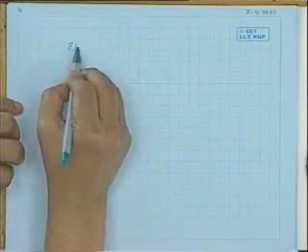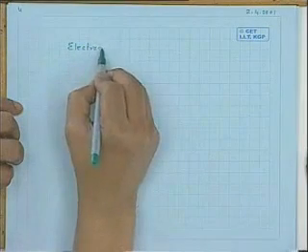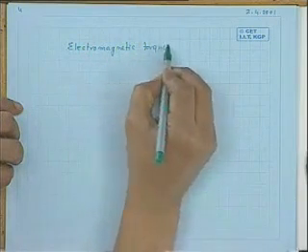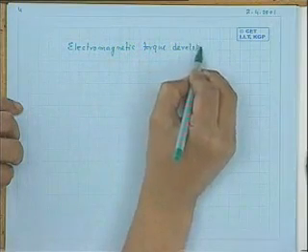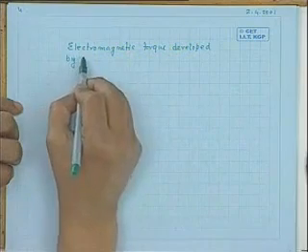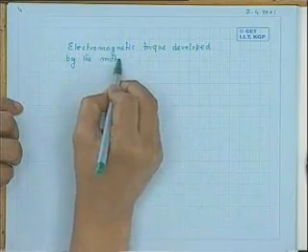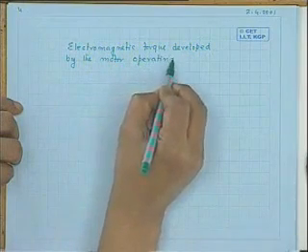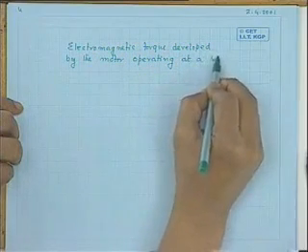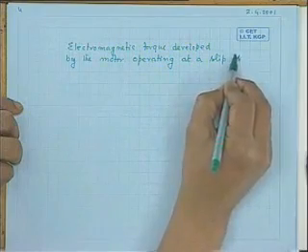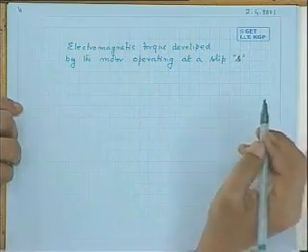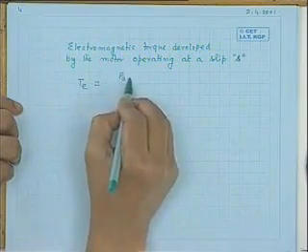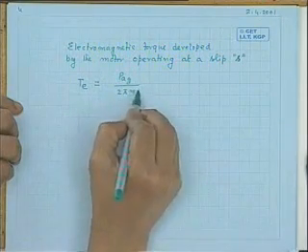Now the electromagnetic torque developed by the motor operating at a slip S, meaning at a given speed Nr, T will be equal to P air gap by 2 pi Ns.